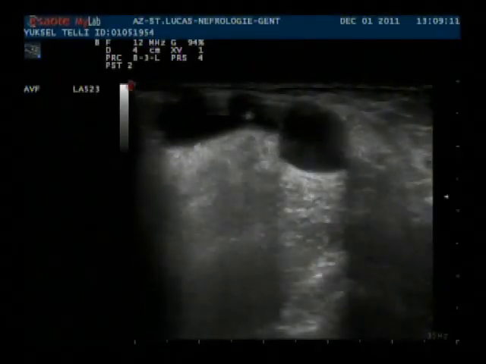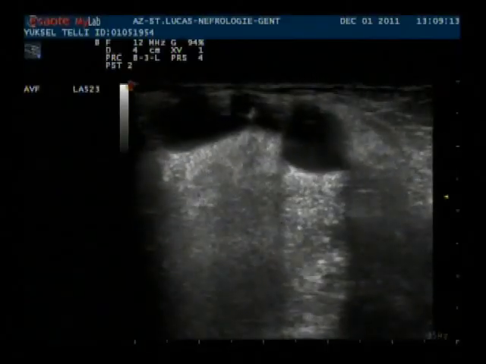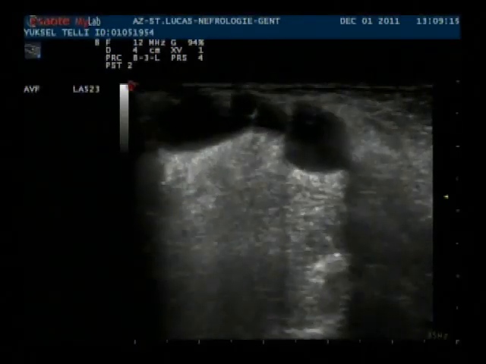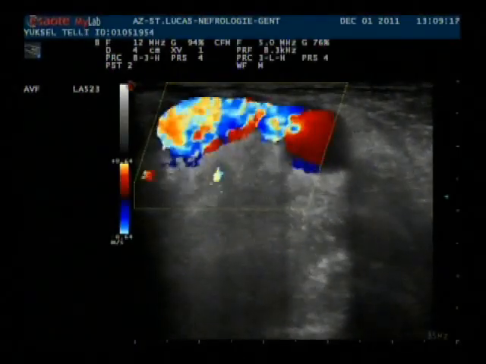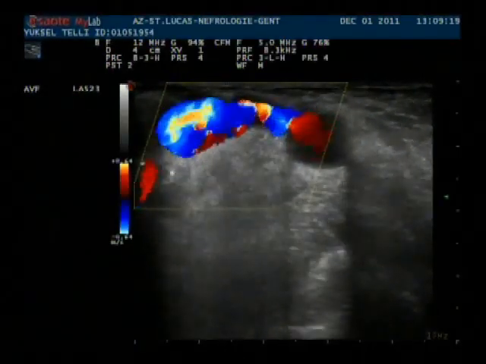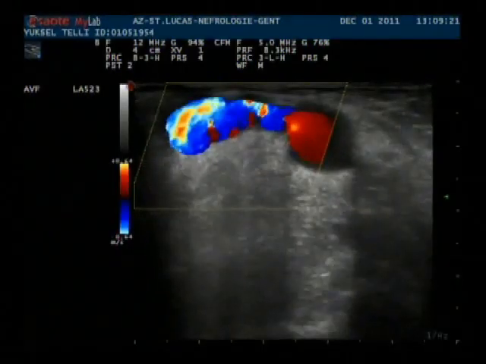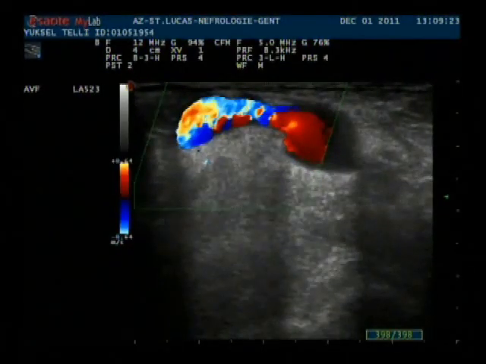Turbulent flow does not always have to mean a significant stenosis. We often see turbulence in the area of the anastomosis without influencing the functioning of the AV fistula.